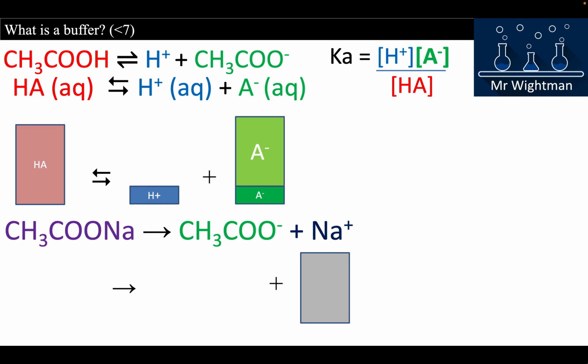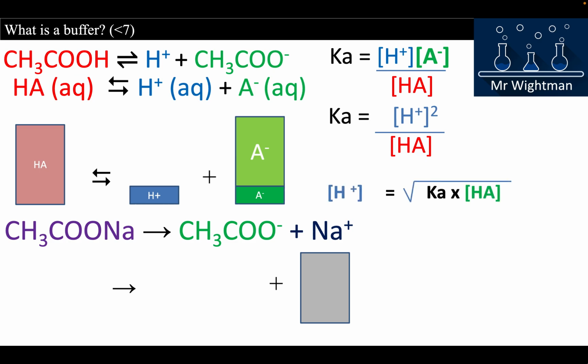But we're going to make an assumption here that the A minus produced by HA is very small anyway, and so any question that gives us the salt concentration or value, we just assume that that is also the A minus. And because we have a large reservoir, we can no longer assume that Ka equals H plus squared over HA, and we can no longer assume H plus is equal to the square root of Ka times HA.